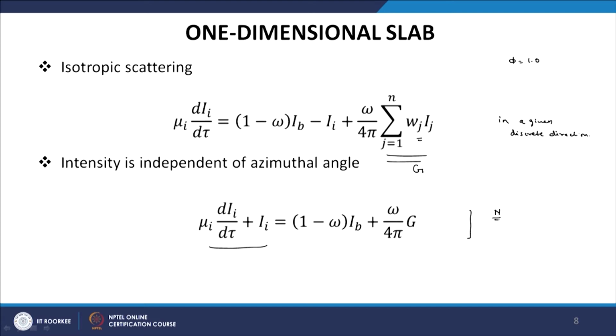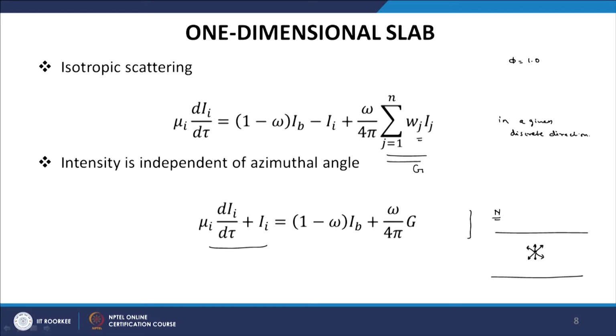The total number of directions is n. In a plane parallel slab, if we are interested in finding intensity at a given point, let us say we have a certain number of directions. So, n by 2 directions will be in the upward direction and n by 2 directions will be in the downward direction.